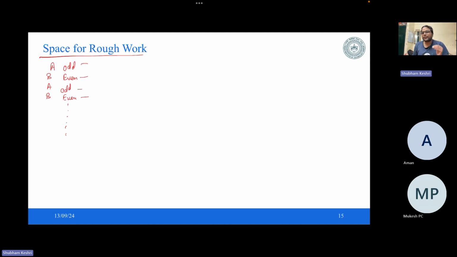Therefore, the player will not actually take different actions in two different even stages. Player B might not take a different action at this even stage and a different action at that even stage, because it is actually immaterial. It is actually the same game occurring at each even period.